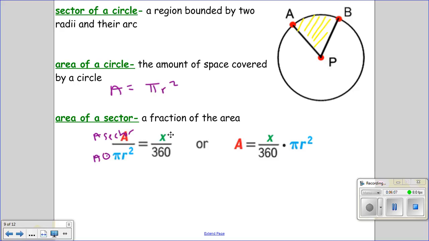And again, it's equal to the measure of the central angle divided by 360. Or another way to look at it is take that fraction of 360 times the area of the circle. And we're about to practice this in just a moment, so please bear with me.